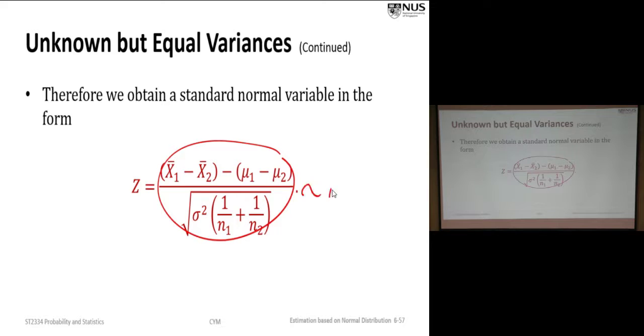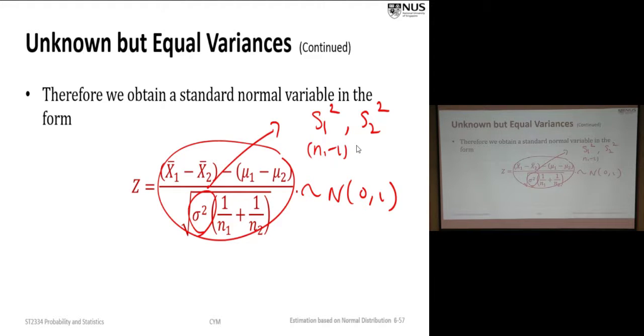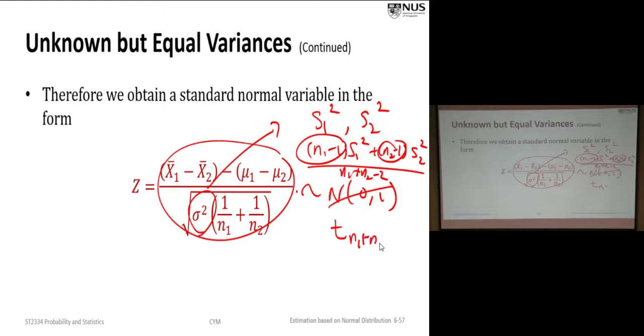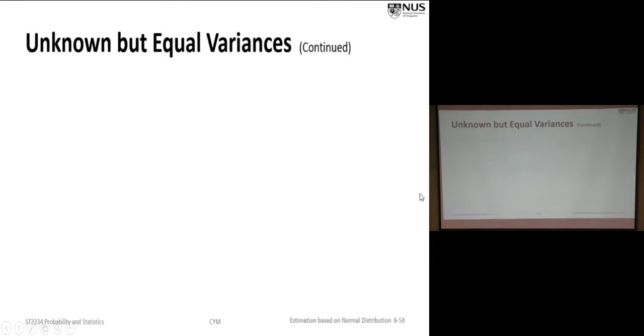Just now I tried to convince you that this sigma square can be estimated by S1 square and by S2 square, so I have to combine them with a weighted average. Weight this one by the first sample size minus 1, and this one by the second sample size minus 1, and then combine these two together over N1 plus N2 minus 2. That one is used to estimate sigma square. Once you replace the sigma square by its estimate, this is not normal, but instead a T distribution with these degrees of freedom. All right, so this is the formula.